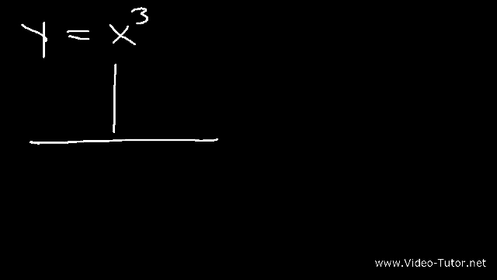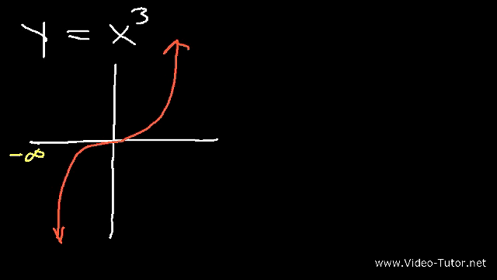The next parent function that we have coming up is a cubic function. y is equal to x cubed. What do you think the general shape of this graph looks like? This function is an increasing function. It looks like this. Now, what is the domain and range of the function? So the lowest x value is negative infinity.